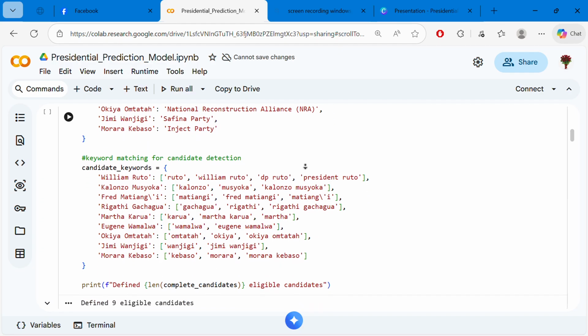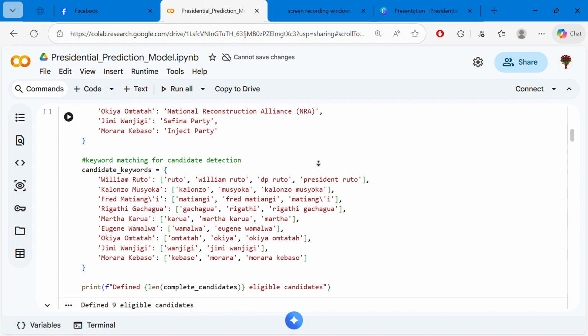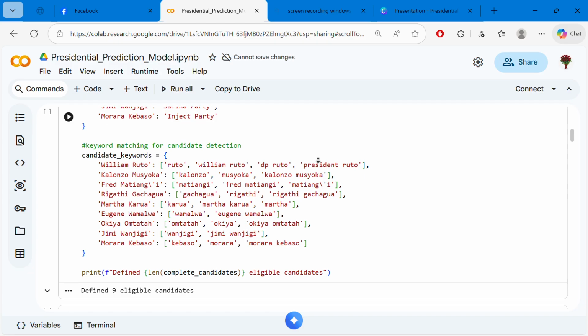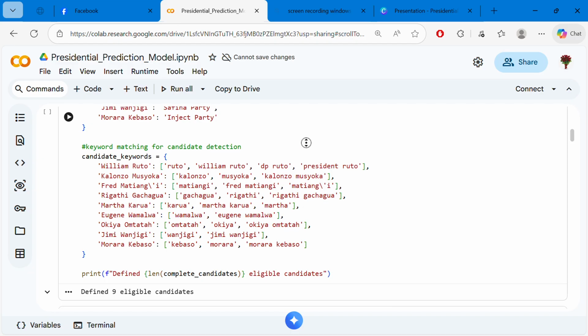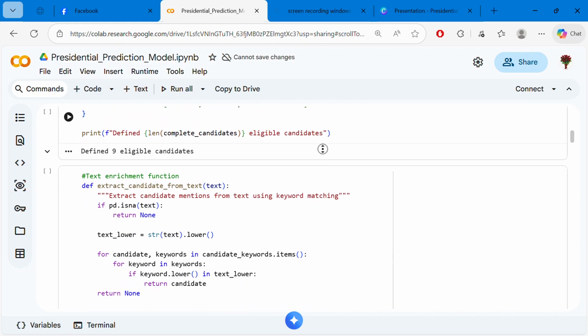We went ahead to text mine the posts to extract keywords. For example, to get the context of William Ruto, we looked for Ruto, hashtag William Ruto, DP Ruto, President Ruto, and other terms. Then we got 9 eligible candidates.